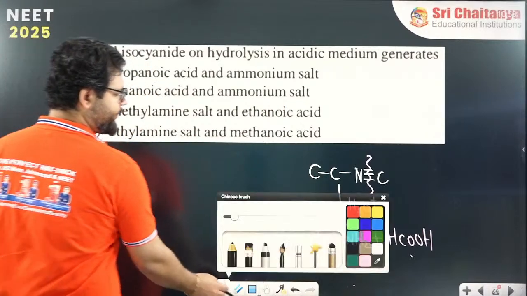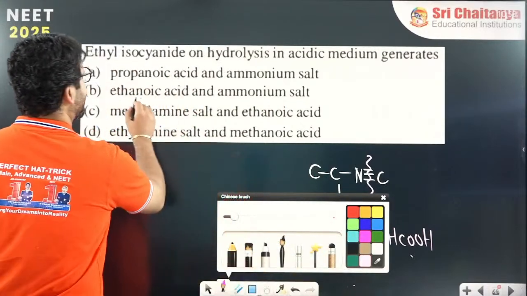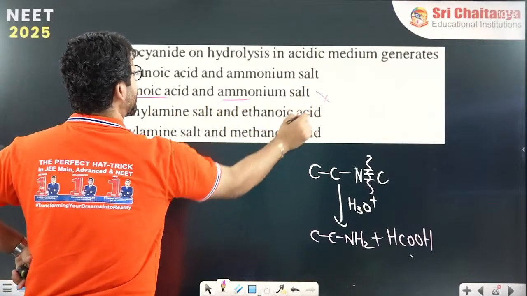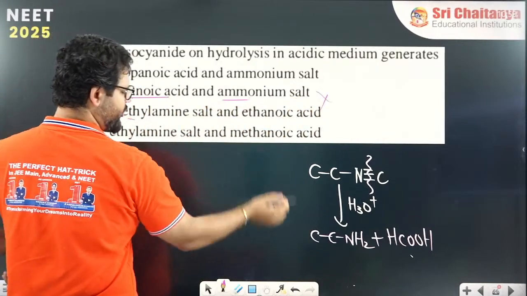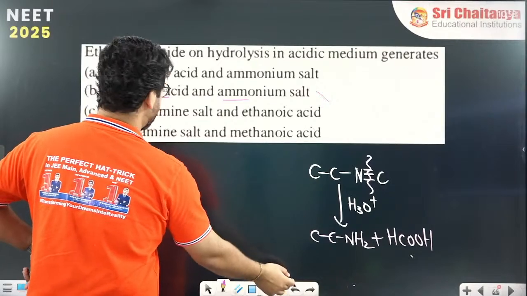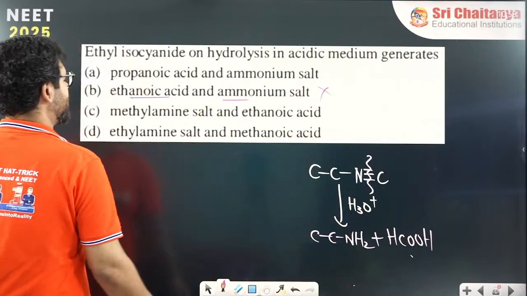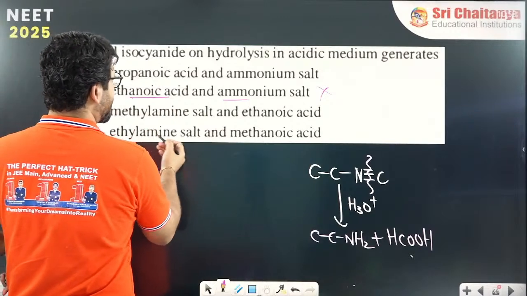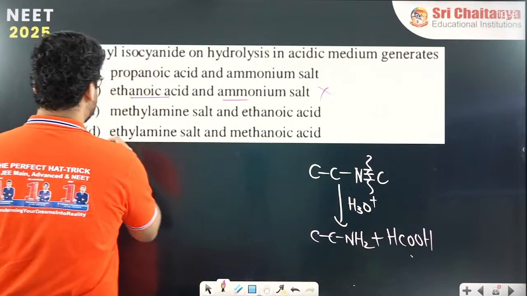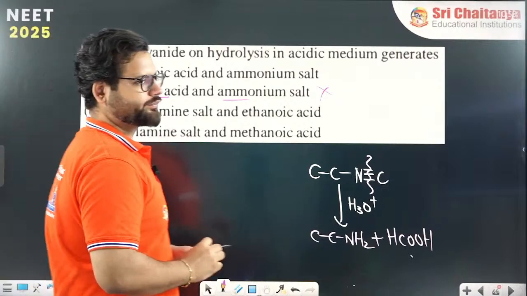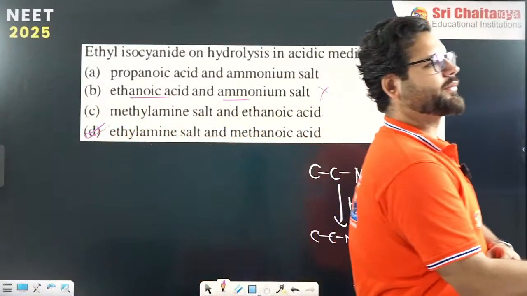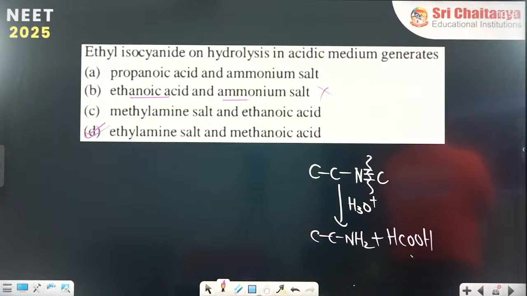Ethanoic acid, ammonium salt of ethanoic acid will not be produced here. It is ethanamine, ethylamine salt, and methanoic acid. So D is the correct answer. Methanoic acid will be formed. Moving to the next one.